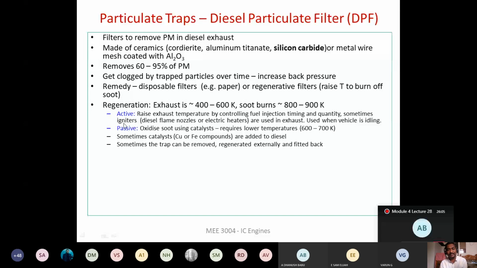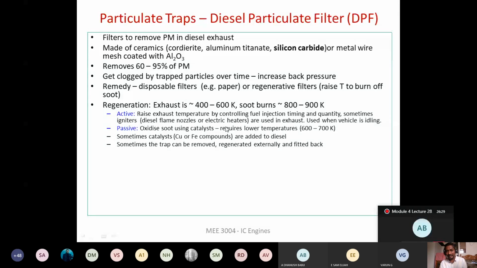In the case of active regeneration, to remove the soot particles from the filter, we have to increase the exhaust gas temperature with the help of the engine control unit. The engine operating condition has to be regulated, and the engine exhaust temperature is brought to a higher temperature by controlling the fuel injection. That means you are going to inject more fuel.